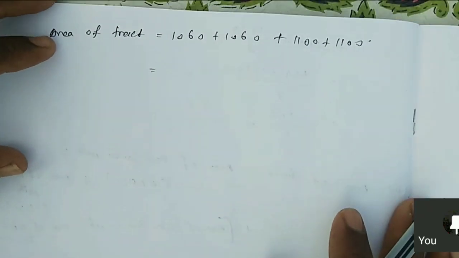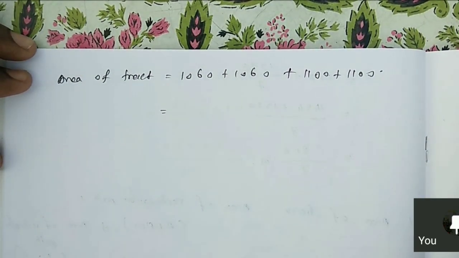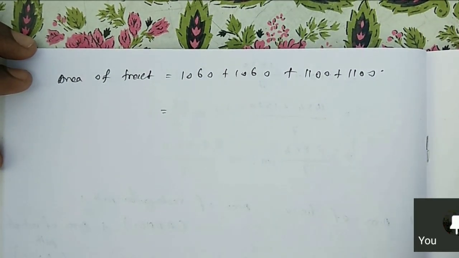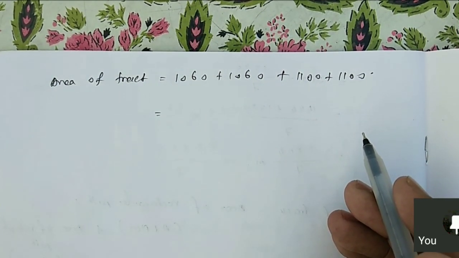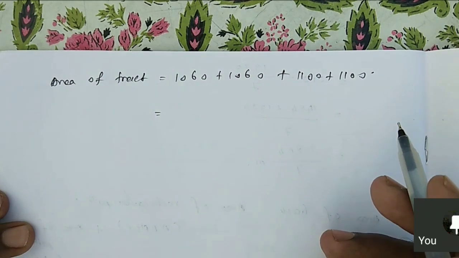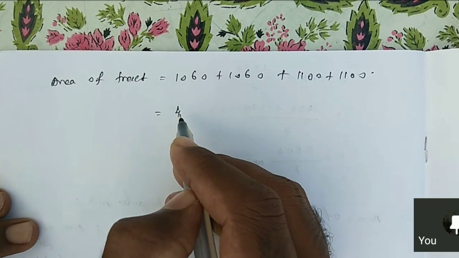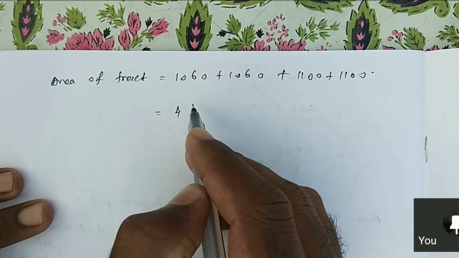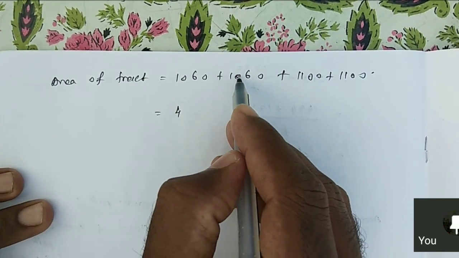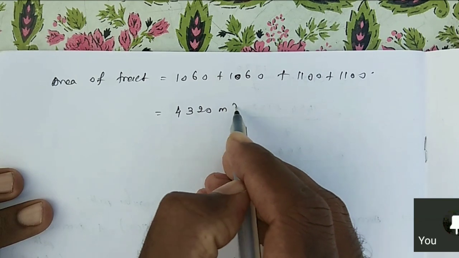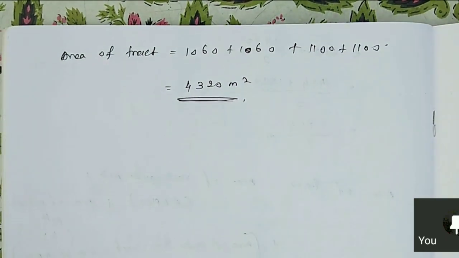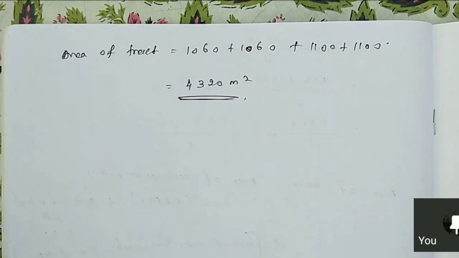Now you can add it: 4320. Is it exactly right? So 4320 meters squared. Are you clear? Any doubt?